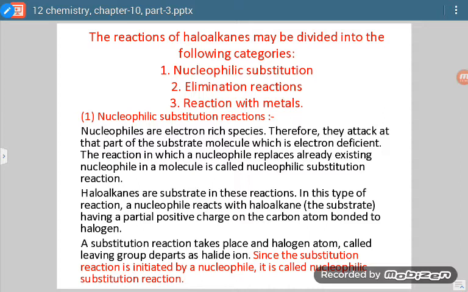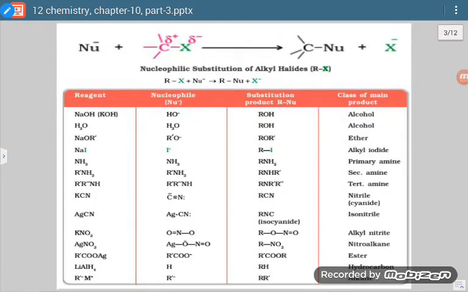Okay, now see, in this type of reaction, one nucleophile is substituting another nucleophile. So this type of reaction is also known as a nucleophilic substitution reaction. Okay, now look at this reaction.